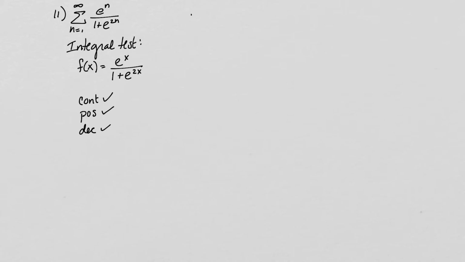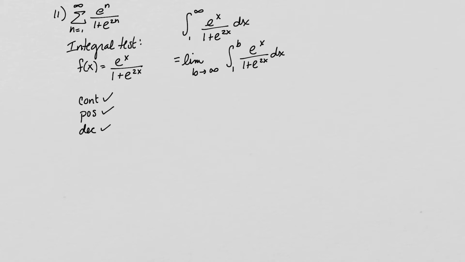And so now we have to integrate the integral from 1 to infinity of e to the x over 1 plus e to the 2x dx. And so that's going to end up being the limit as b approaches infinity of the integral from 1 to b of e to the x over 1 plus e to the 2x dx.